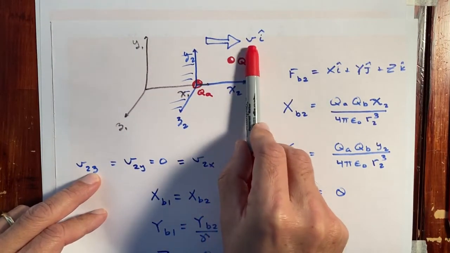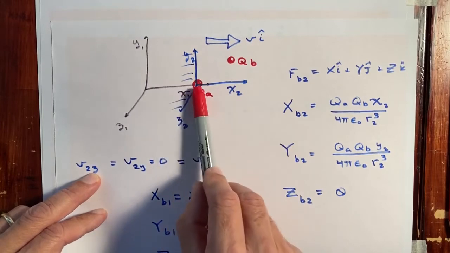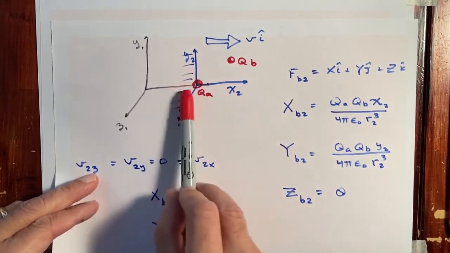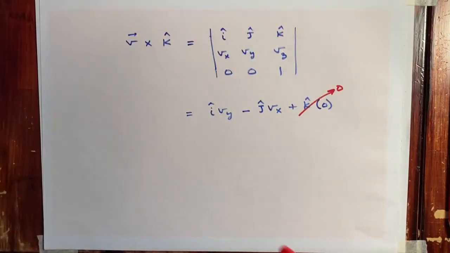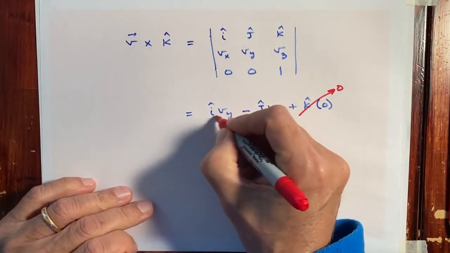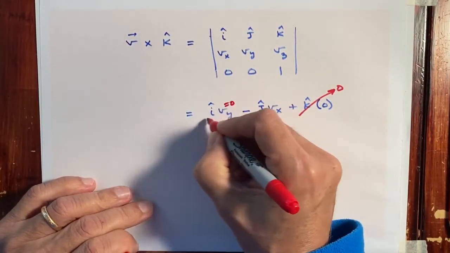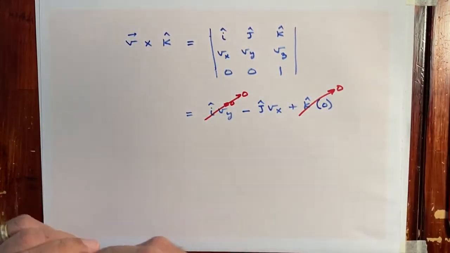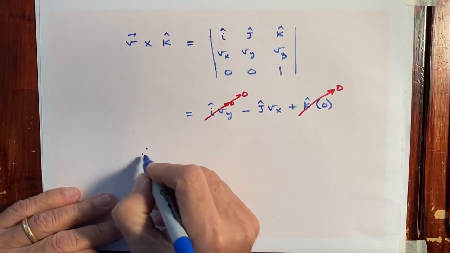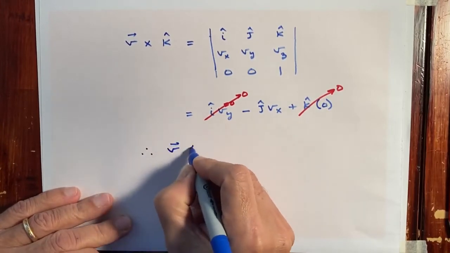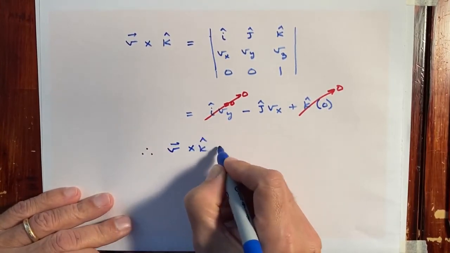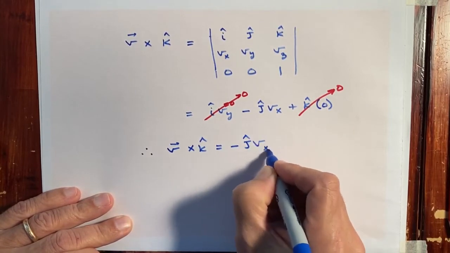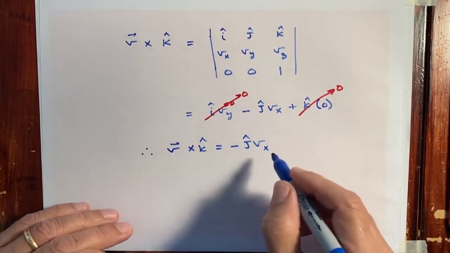So v sub x is non-zero, but the other ones are 0 because the frame of reference is only being thrust in this direction where the streamers are showing. So if that's the case, v sub y is equal to 0. This entire term goes to 0. So what we're left with here is minus j hat v sub x, or in this case v, really.